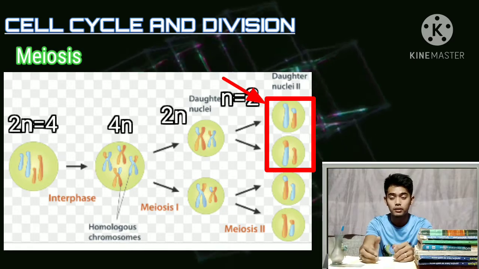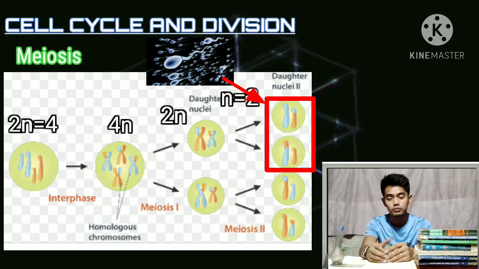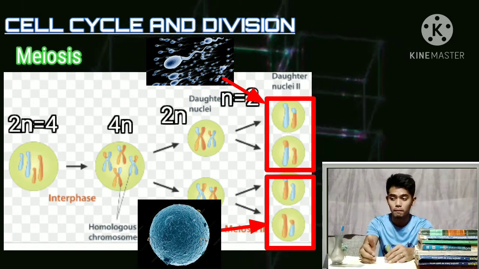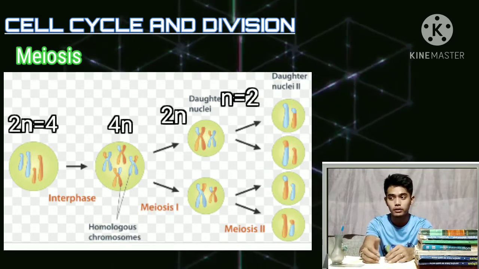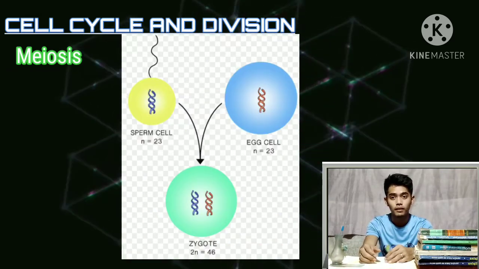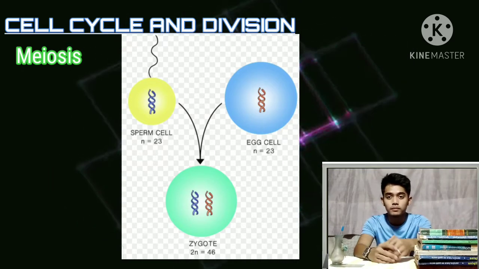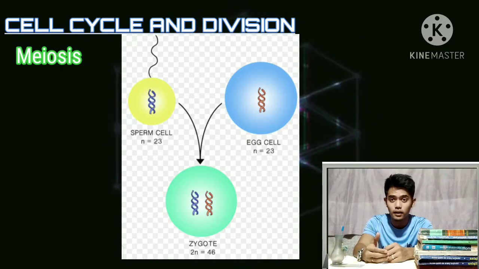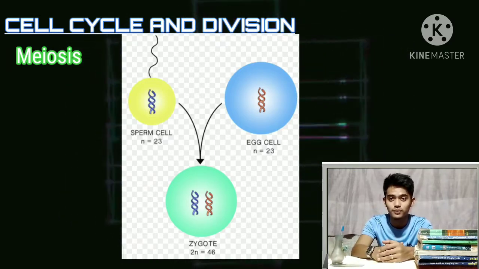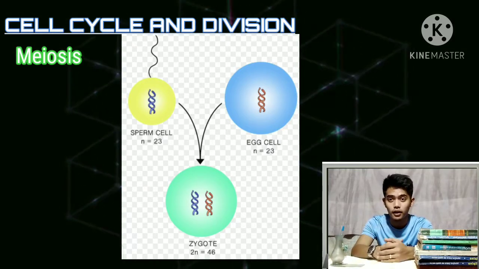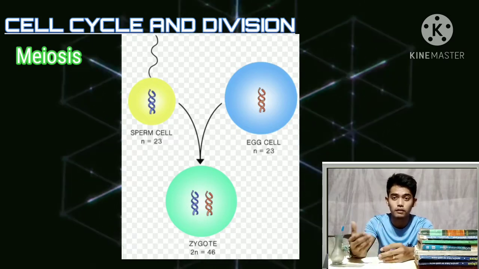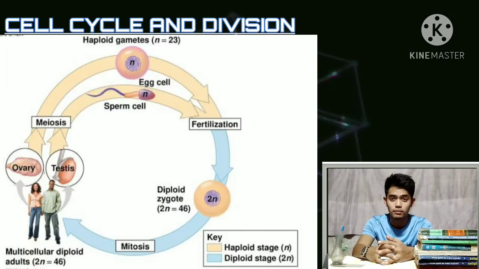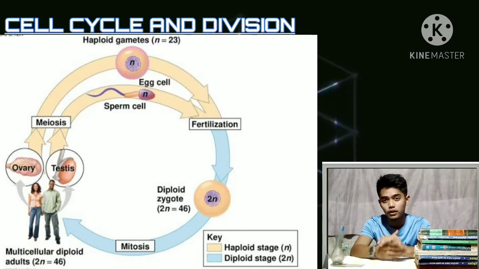In males, these will become sperm, and in females we will have egg cells. So when the egg cell meets the sperm cell, they form a zygote, which means that n plus n gives 2n, forming a diploid cell that will in the near future make sex cells.